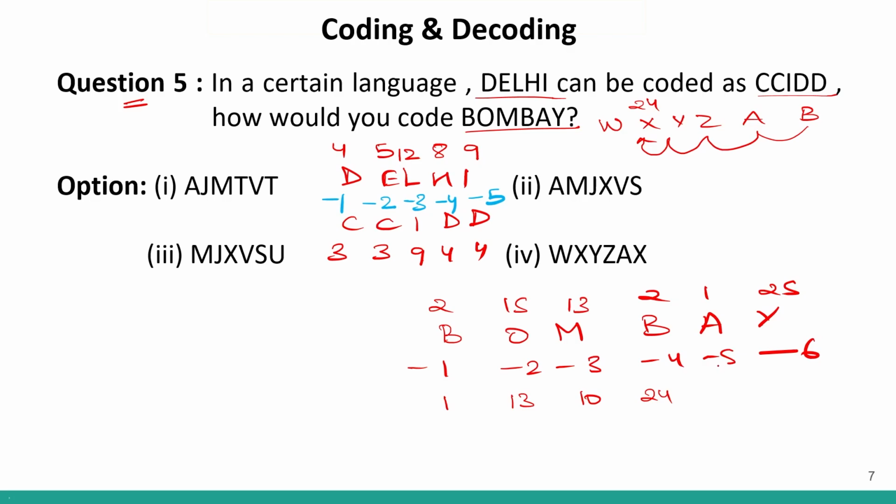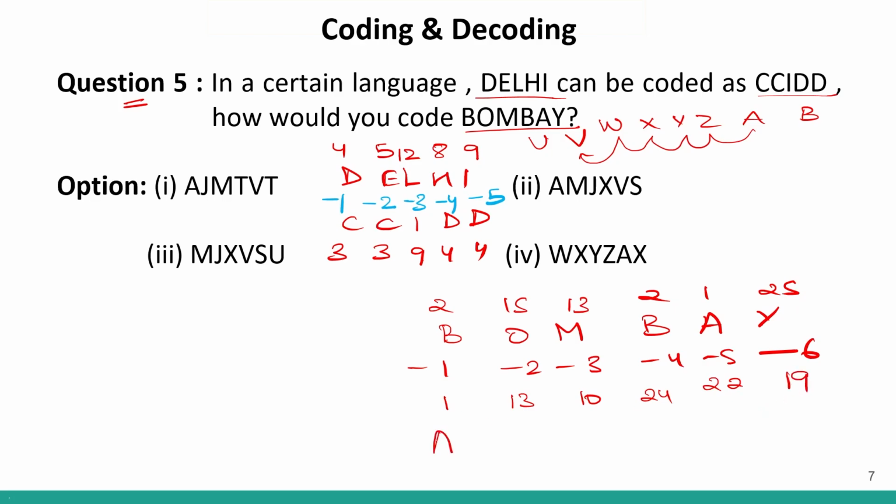From A, if I go -5, this is U, V, W, right? So 1, 2, 3, 4, 5. I will go to 22 position. And from 25, if I'm going -6, I will go to 19th position.